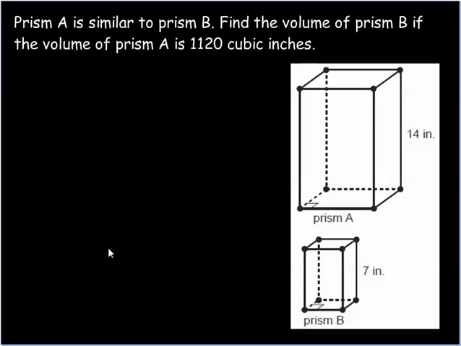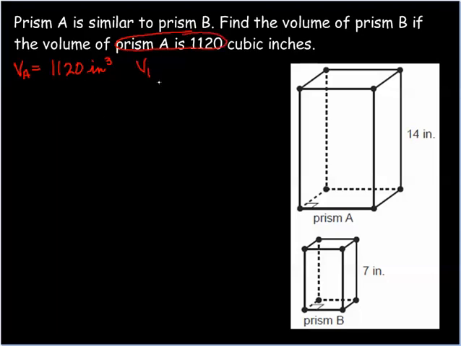Okay, this says prism A is similar to prism B. Find the volume of prism B if the volume of prism A is 1,120 cubic inches. So let's see what we've got here. We're going to set it up like this. The volume A is going to equal 1,120 inches cubed, and I got that information right here.